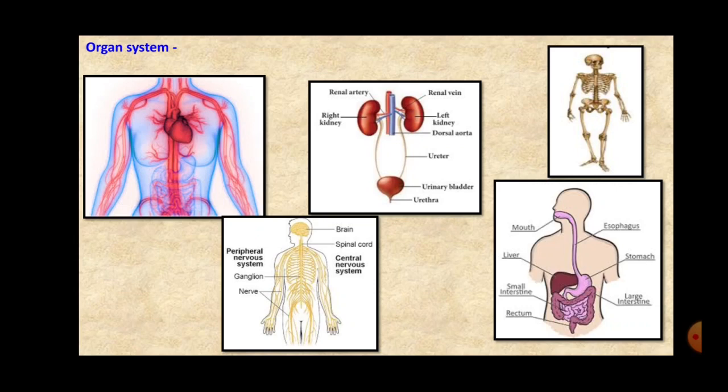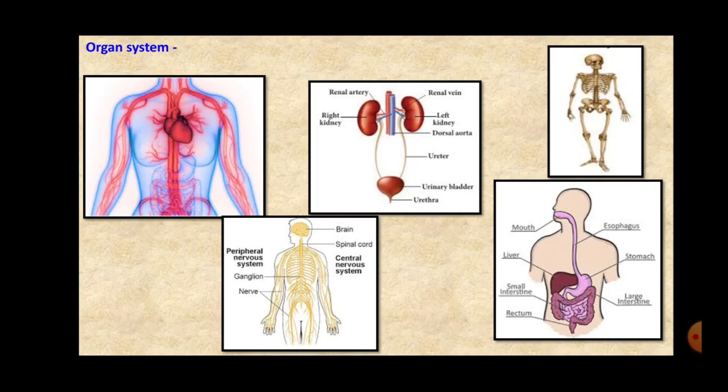Then you can see the skeleton, so that is the skeletal system. The fourth one, where you can see the different nerves, brain, spinal cord, that is the nervous system. And the last one, which we had already studied in 7th standard, that is the digestive system.